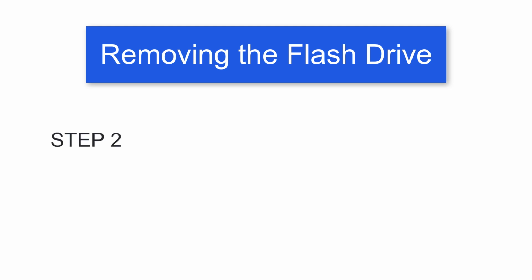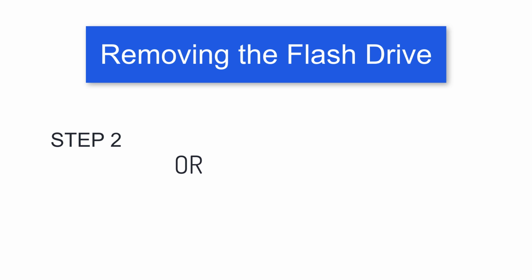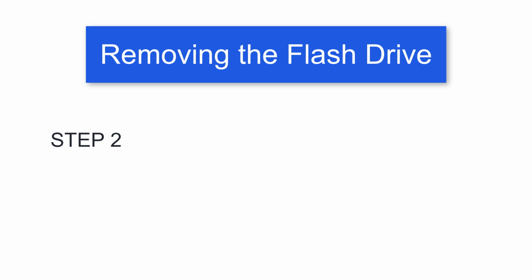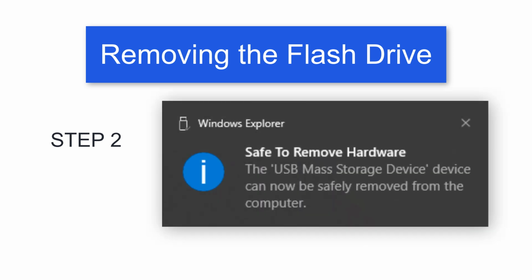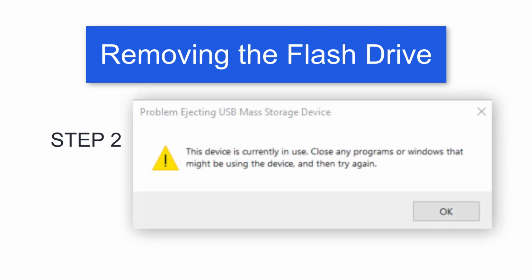On a Windows device, either select the flash drive in Explorer and eject by using the Drive Tools tab at the top of the screen, or right-click on the device in the Explorer window and choose Eject. If the drive can be ejected properly, you will see this message. If the drive cannot be ejected, it's usually because there is a file left open. Close the file and try again.